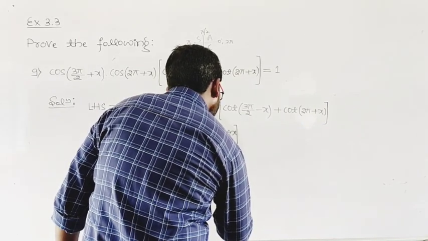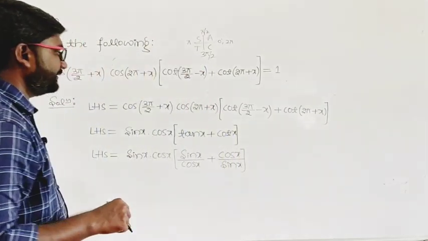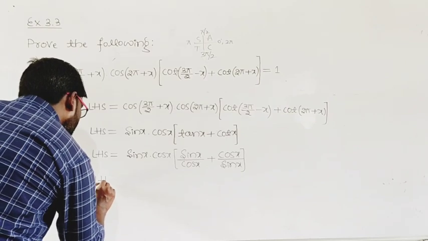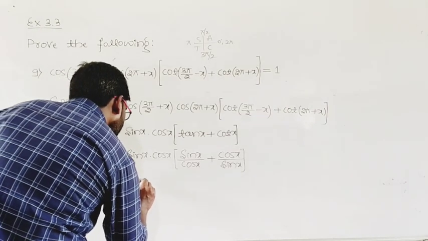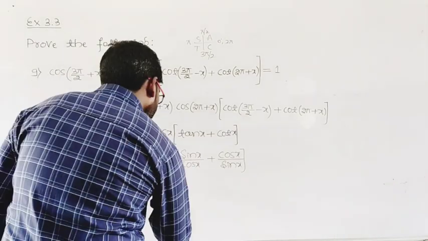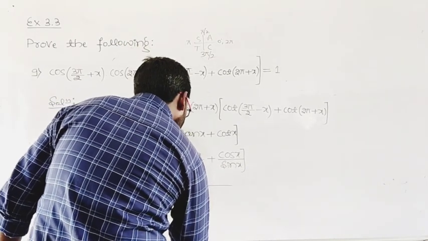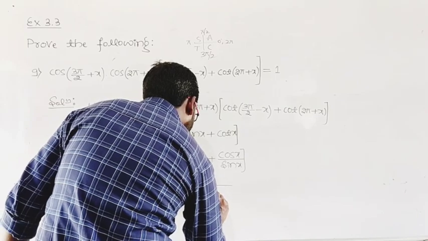Then in the next step, take up the LCM. LHS is equal to sin x into cos x, and here the LCM is the multiplication of these two terms, cos x into sin x.